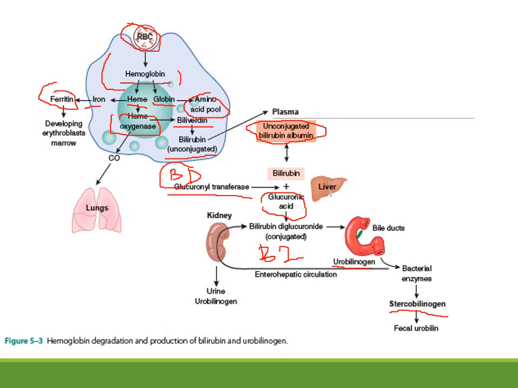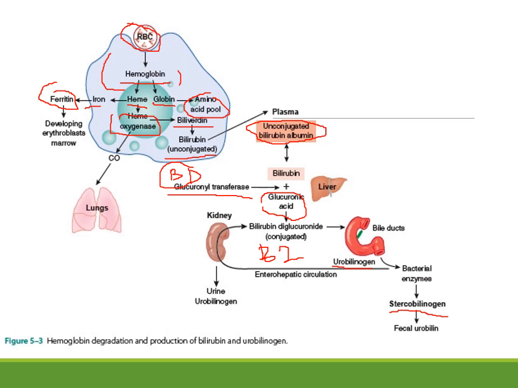Small amounts of your urobilinogen will enter the enterohepatic circulation leading to the kidney. A little amount of urobilinogen will normally be released through the urine, and some will be used again in the formation of bilirubin 2.